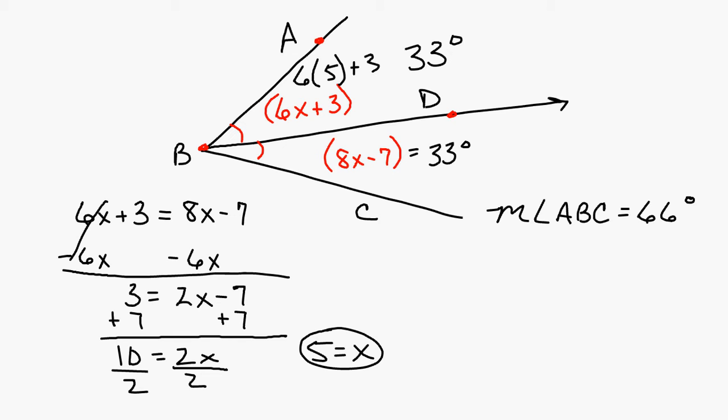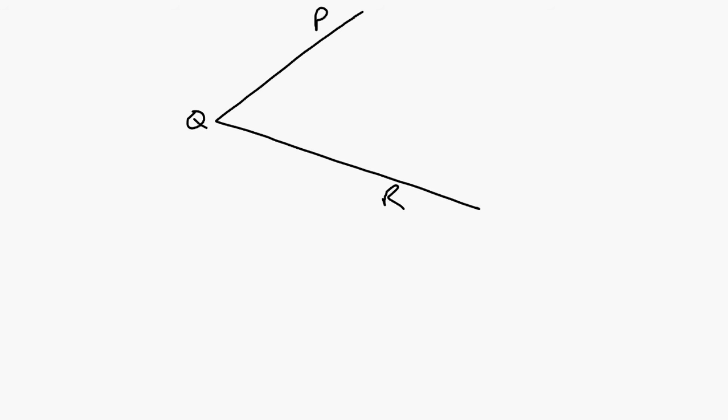And you guys are just going to have to be real careful when you read these problems and draw the picture and make sure that you get the expressions in the correct place. So 4A on page 23 says that QS bisects PQR. QS bisects PQR. So draw it. There's PQR.